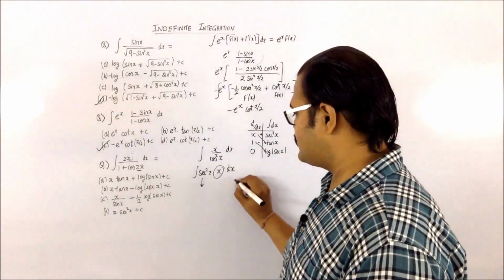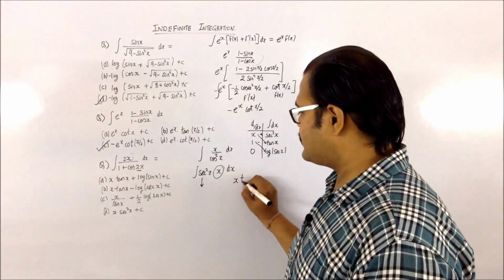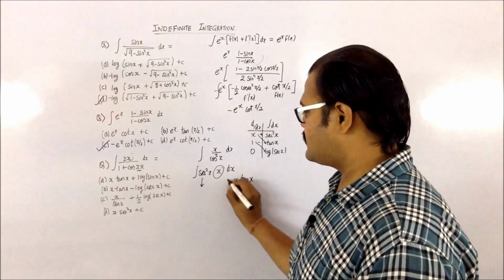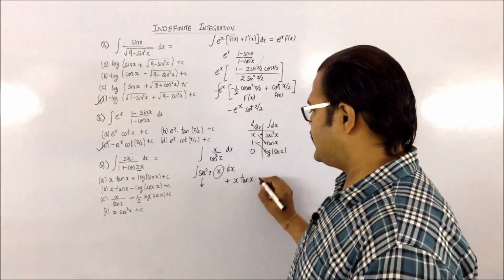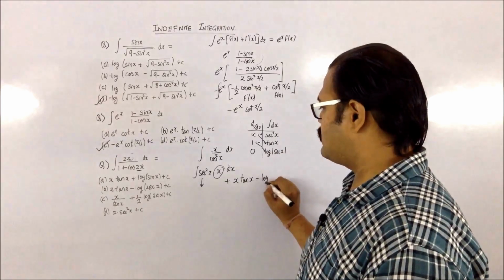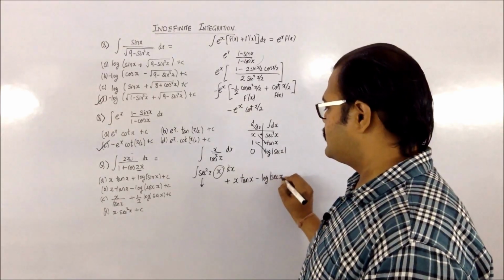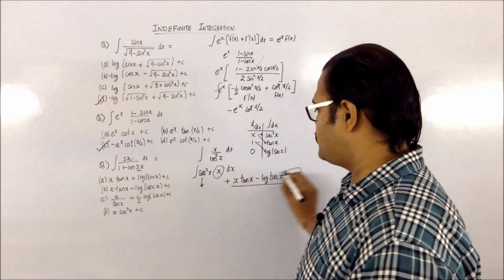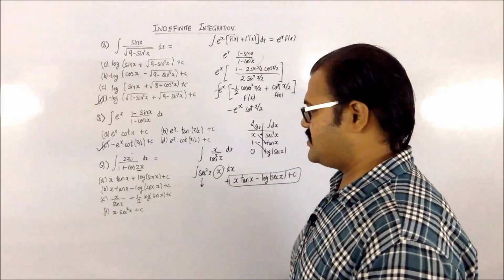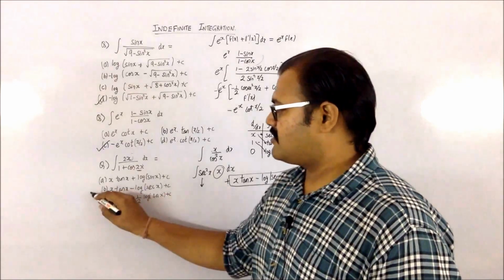So your answer is basically x into tan x with a positive sign. Second is going to be 1 into log sec x with a negative sign. So minus log of sec x plus c. This is going to be your option. If you check it out, it's going to be your option B.